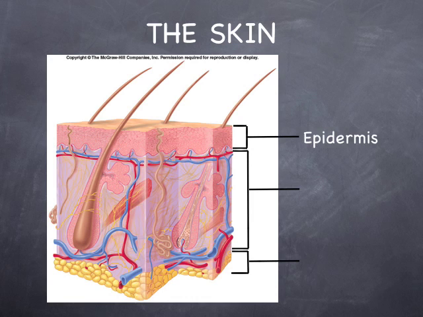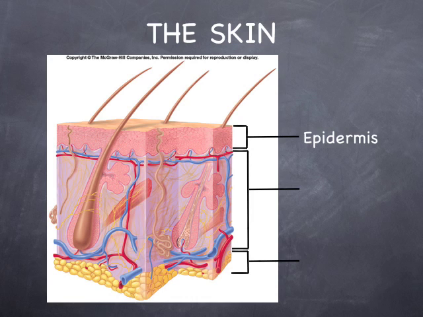Stratified, not cuboidal. Stratified squamous. Remember, the surface cells, whether they're flat or cuboidal, whatever the mature surface cells are, that's what identifies the tissue. So in terms of the skin, we call this part of the skin the epidermis. But in terms of what tissue it is, we say it's stratified squamous.